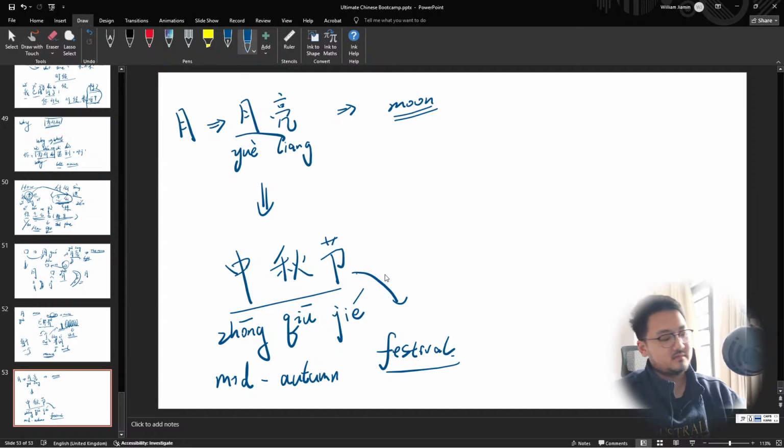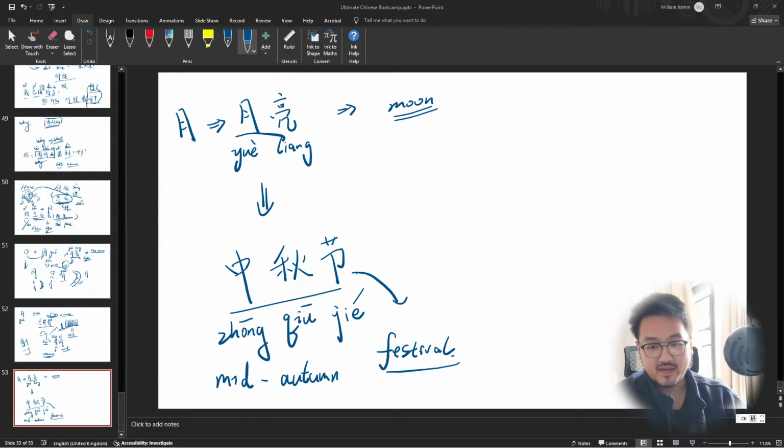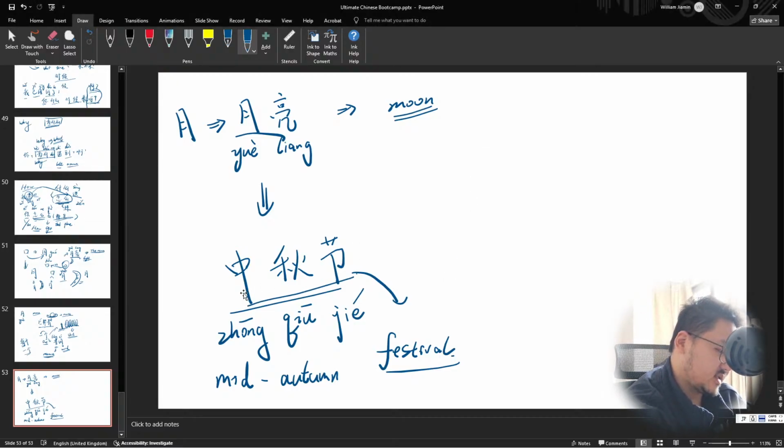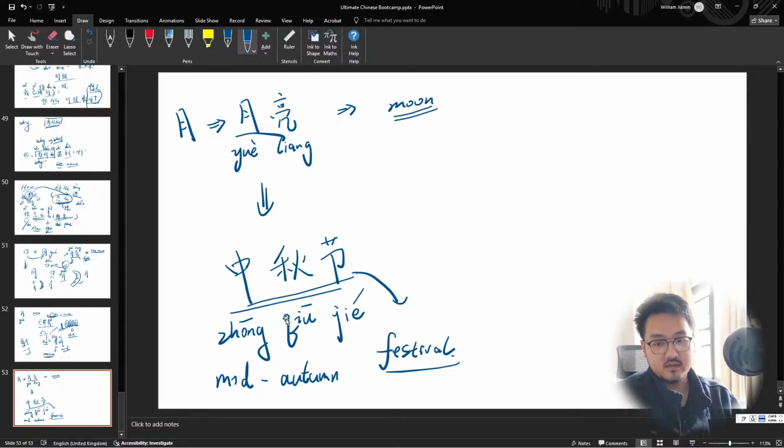And as the name suggests, it's in the middle of the autumn, and we use this as a festival. To be honest, you can sort of treat this as a mooncake eating festival, okay? But if you translate this directly, 中秋节 is like 中间秋天中间的节日.